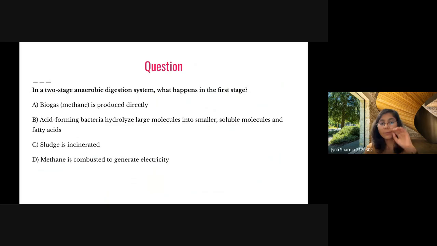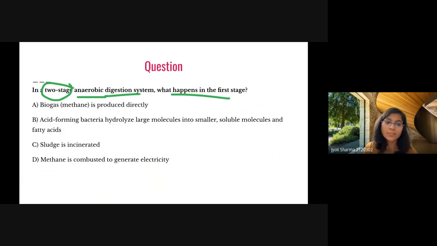Right now we are talking about digestion, and in anaerobic digestion we have two stages, and you have to tell me what happens in the first stage. We have four options here. Biomass is produced directly by acid forming bacteria. Hydrolyze large molecules into smaller soluble molecules and fatty acids. Sludge is incinerated.